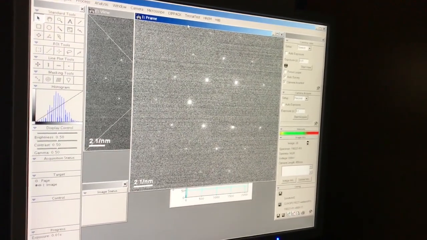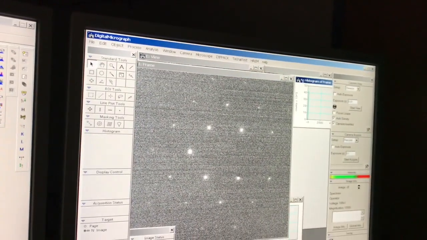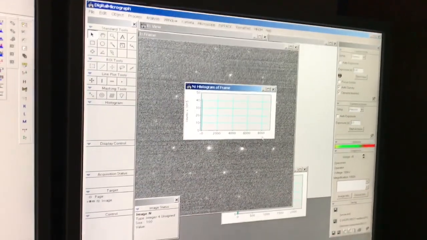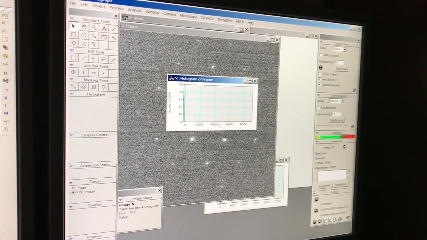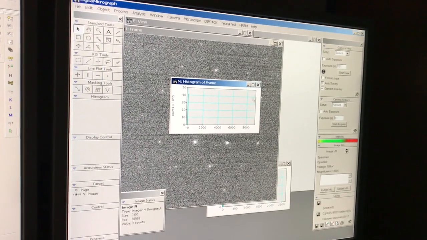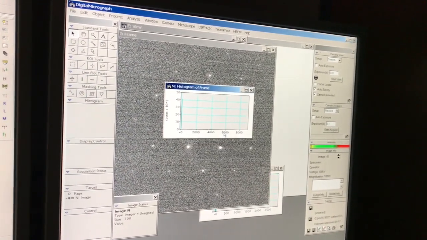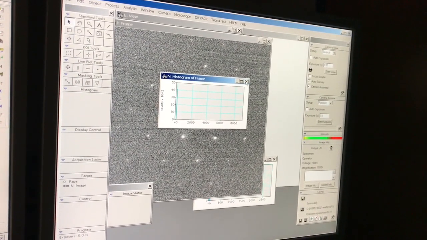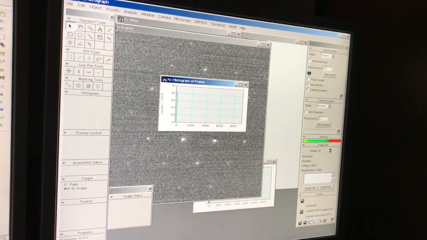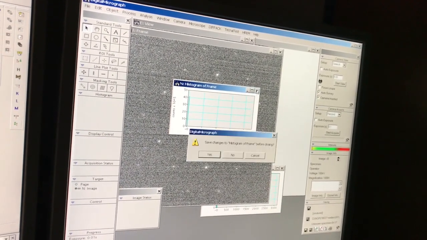In fact it isn't, but I can then go to analysis histogram and see how many counts I'm getting here. My max counts is substantial, but remember I have a 65,000 count dynamic range, so I could safely increase this to maybe 0.5, 0.6 and not have a problem.